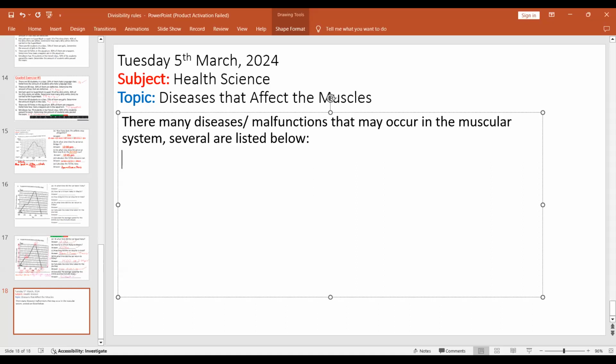So the first one is what we call polio. Now, polio is caused by a pathogen. A pathogen is basically a microorganism that affects the body in a negative way, right? It was a viral pathogen, and it was very devastating.